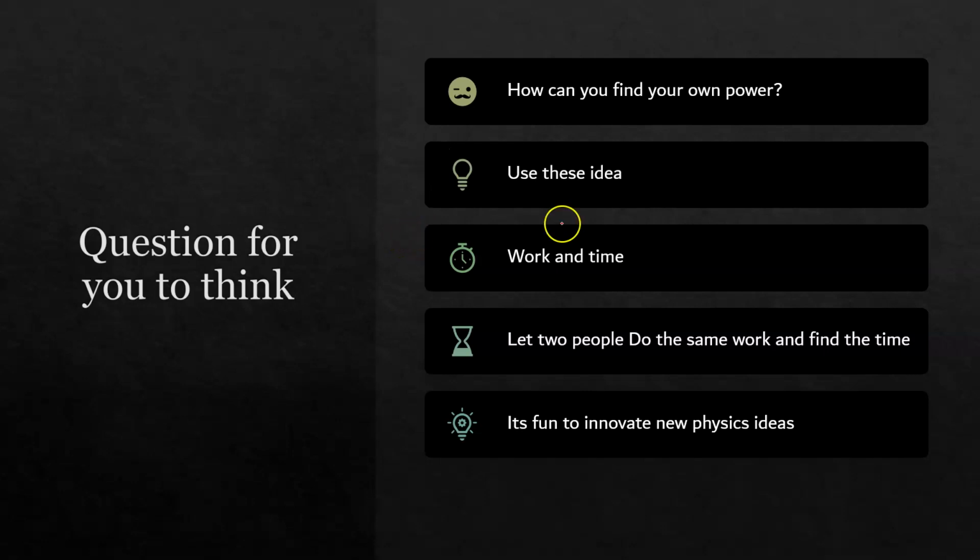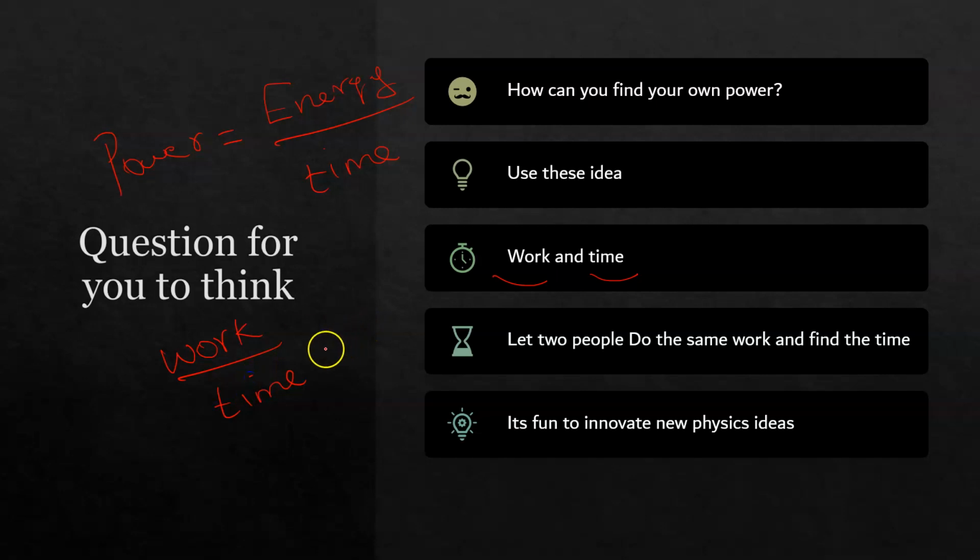If you want to write about this concept, you have to tell how can you find the work, how can you find the time. I give you some formula for you. If you want to find your own power, you have to find your energy and you divide it by time. And you know that energy is equal to work, so find your work and divide by time.